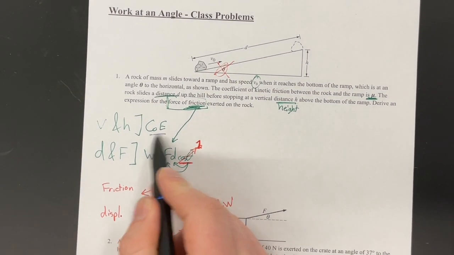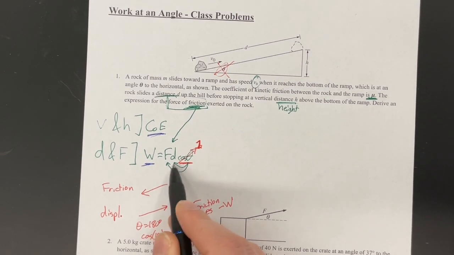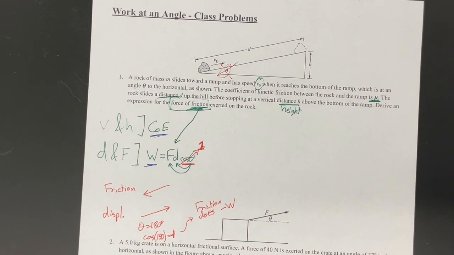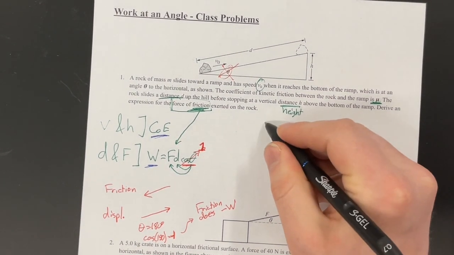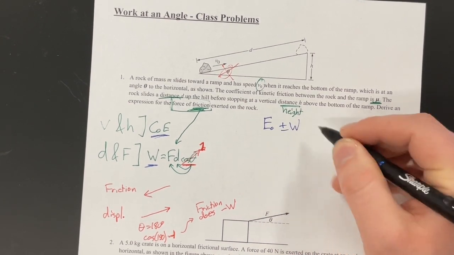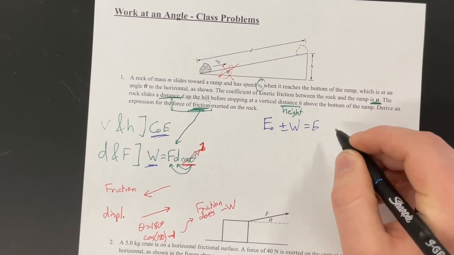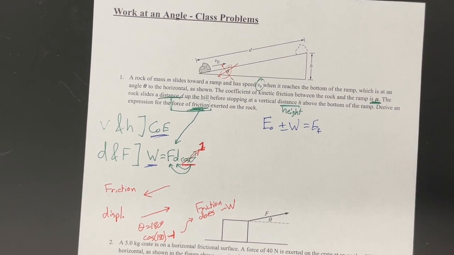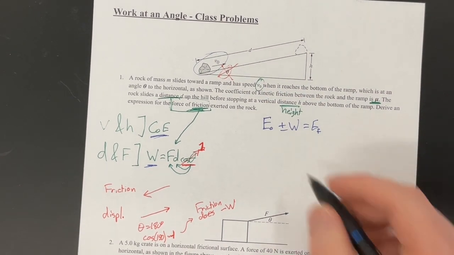All right, so then we have conservation of energy, and work being force times displacement because the cosine of theta can go away. We can start with our general conservation of energy expression: energy initial plus or minus work equals energy final. What kind of energy do we start with? Kinetic.